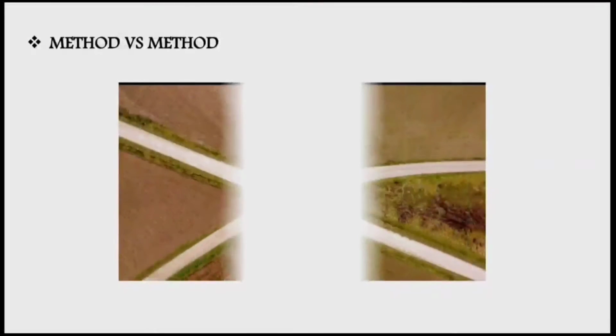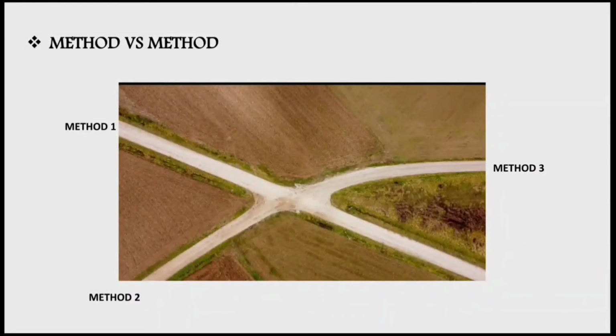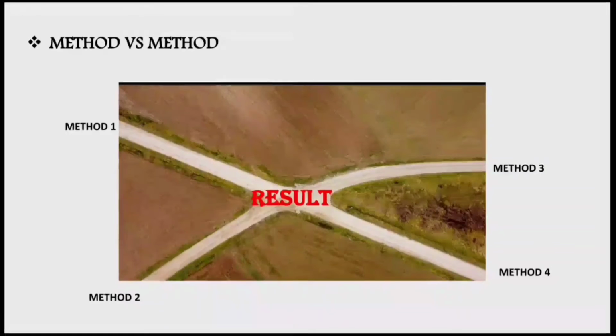This type of reproducibility test can be used to determine variance between two or more measurement methods. For example, there may be 4 different methods to perform a particular experiment, but ultimately it should drive to the same result that is expected.